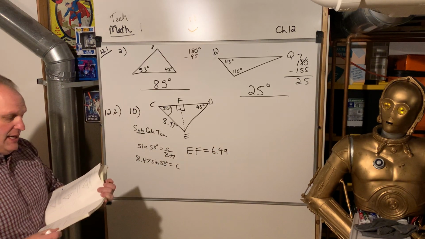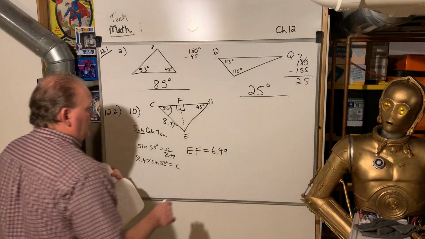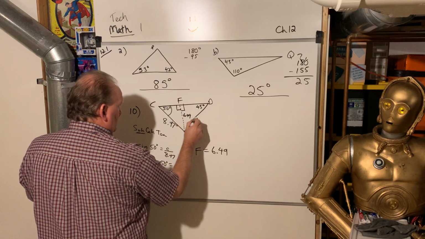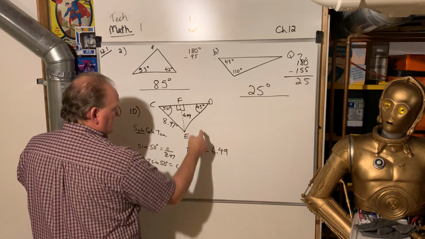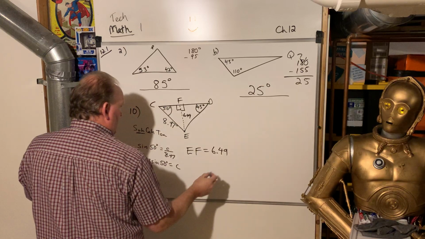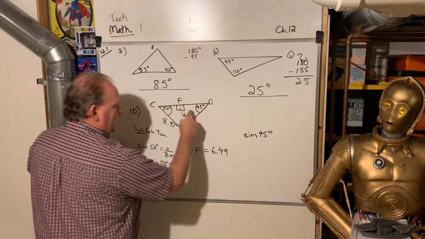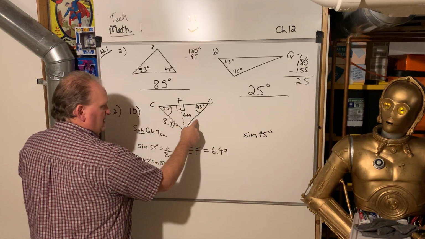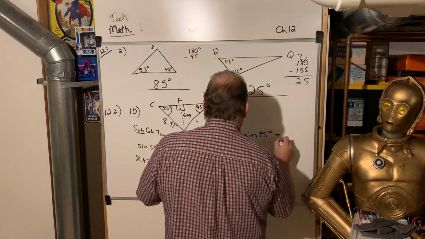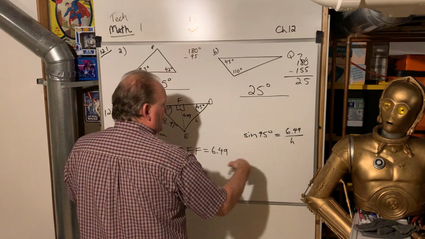Then they say, now find the length DE. If we know this is 6.49, and we know this is 45 degrees, we can do that. The sine of 45 degrees is opposite over hypotenuse. We're going to be finding the hypotenuse, we'll call the missing side h. So 6.49 over h. Now we cross multiply and solve.